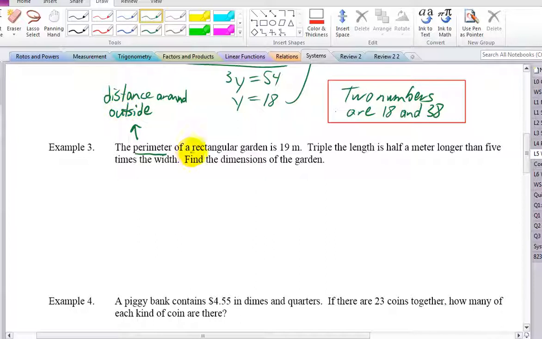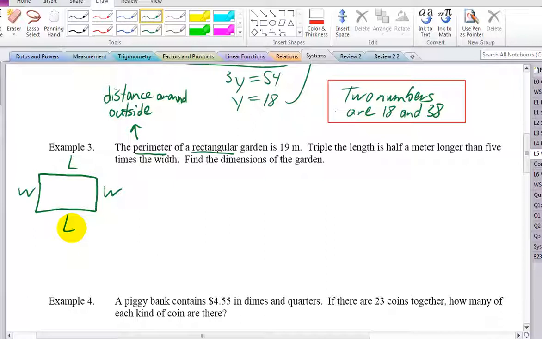Now we have a rectangle, so draw it. Please label it with width and length. And instead of using X and a Y, I'm just going to use W and L. It makes sense to me. Then I don't have to do an if-then statement because I can just use W and L and I'll know exactly what W stands for.